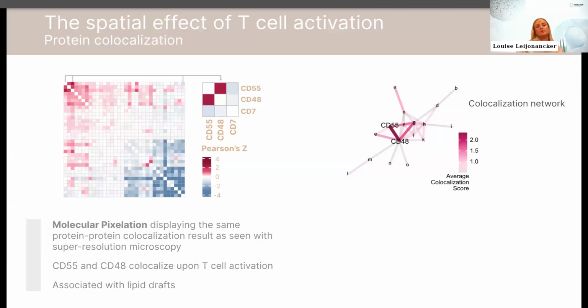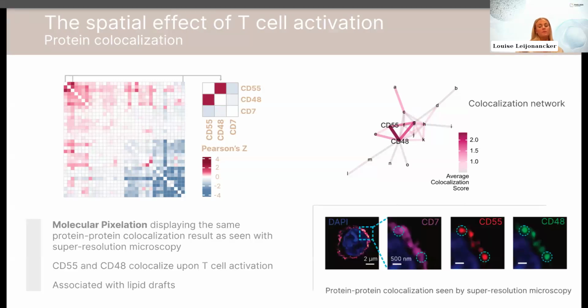But when it comes to this kind of co-localization, we needed super resolution microscopy. So we used super resolution microscopy, and that's what you see here. And we stained it with 3 different antibodies, so CD7, CD55, and CD48.